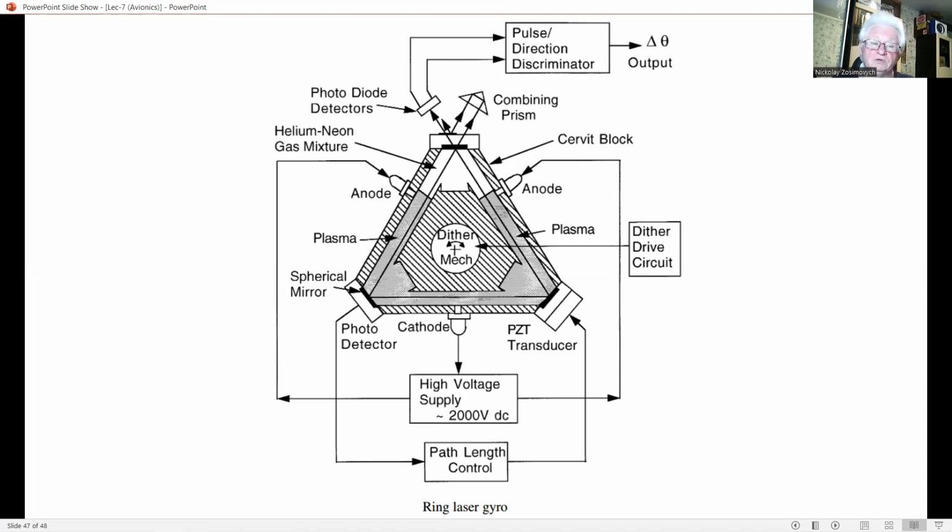Meredith took out a patent for such a device in 1942 when he was working at the Royal Aircraft Establishment at Farnborough. Further development was carried out in the late 1950s by Master Hunt and A. Hope, who demonstrated a performance of less than 1 degree per hour drift.